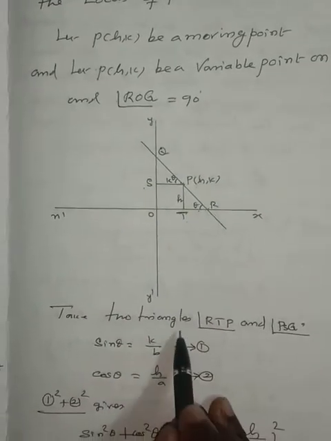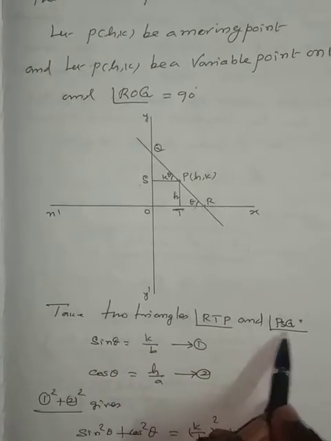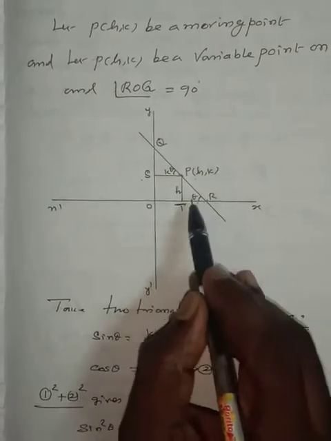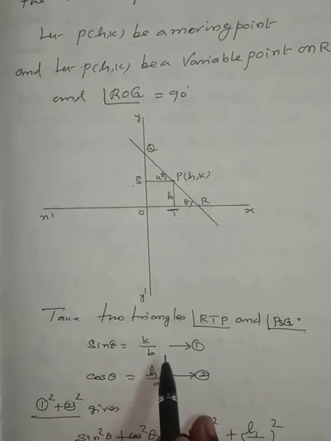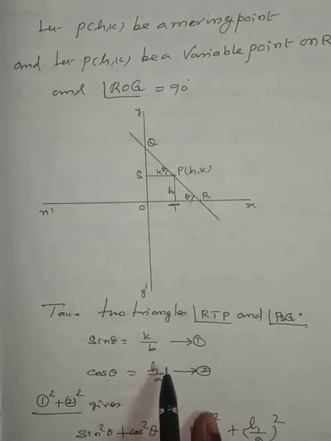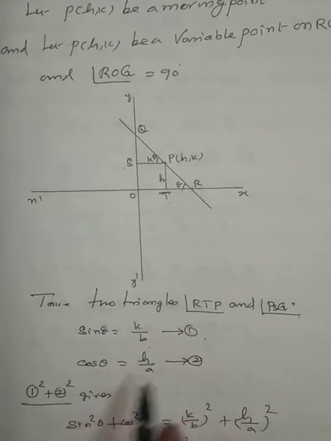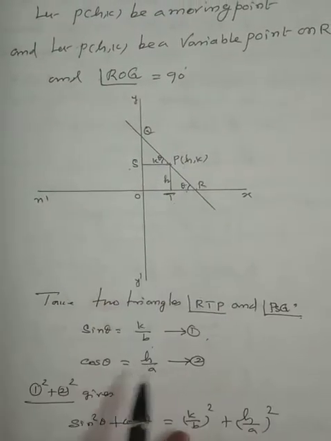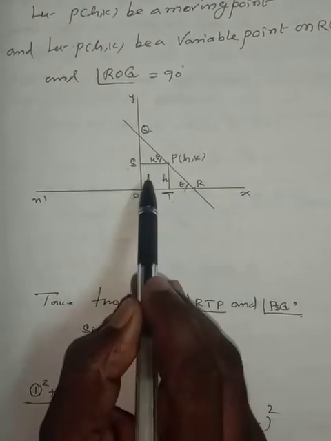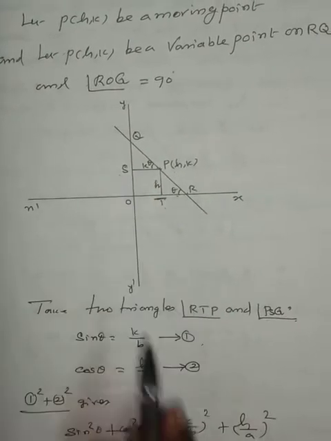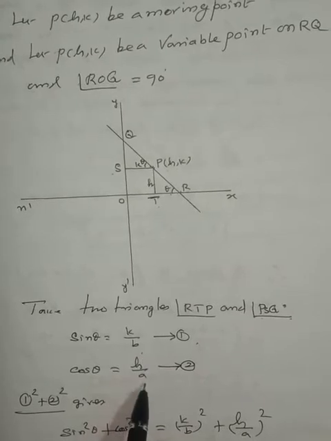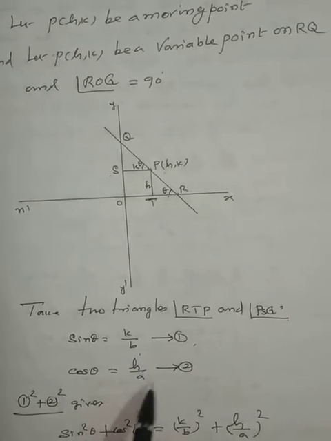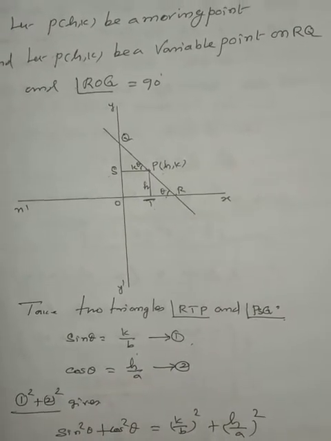Then take the triangles RTP and PSQ. From the triangle, sin theta is equal to k by b, opposite side by hypotenuse, equation number 1. Then take the next triangle PSQ, cos theta is equal to adjacent side by hypotenuse, so h divided by a, equation number 2.